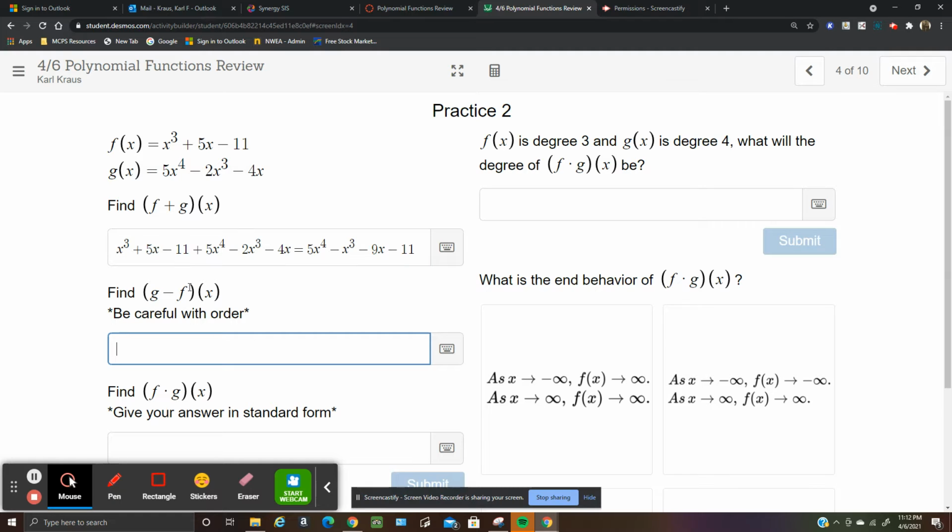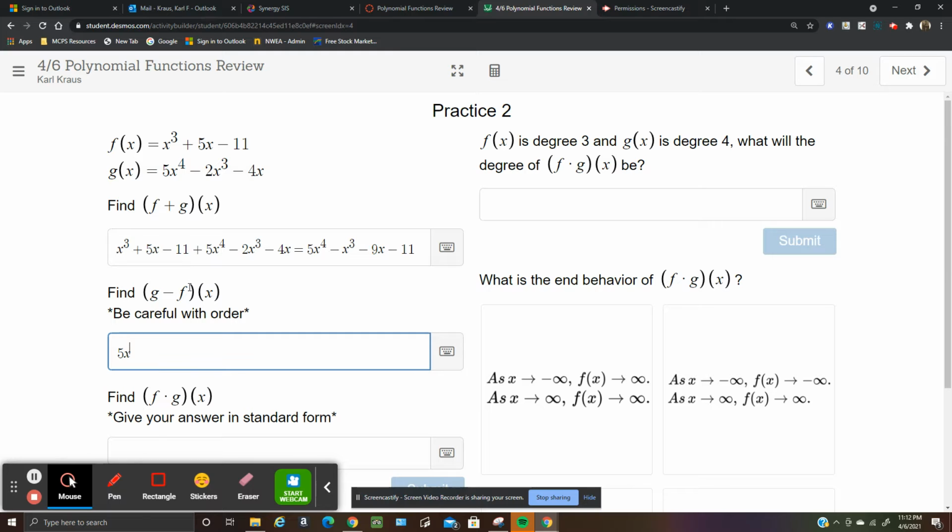And then g of x, 5x to the fourth, minus 2x cubed, minus 4x, and then you want to do the opposite of each of the terms in f of x, so minus x cubed minus 5x, and then plus 11.